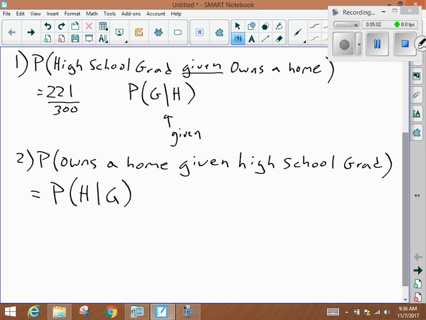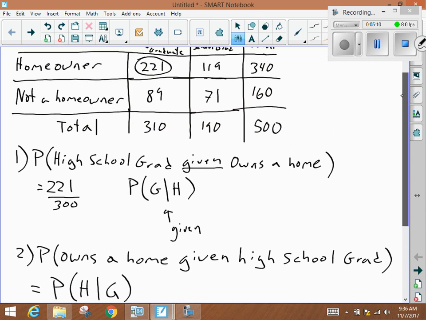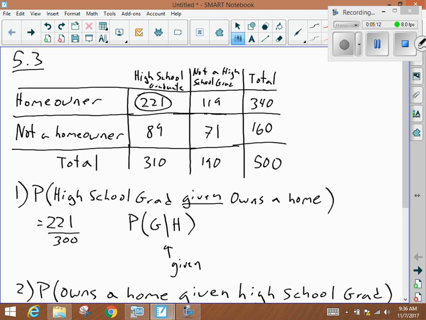Well, let's check it out. Given high school graduates, that means we're only looking down this row, because we're only interested in people that are high school graduates.